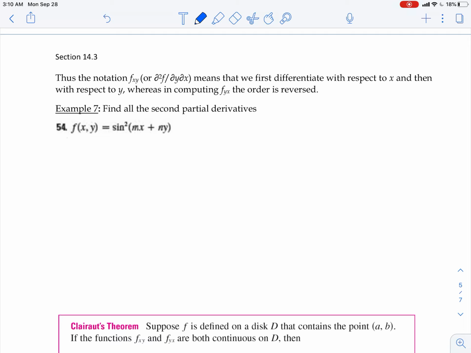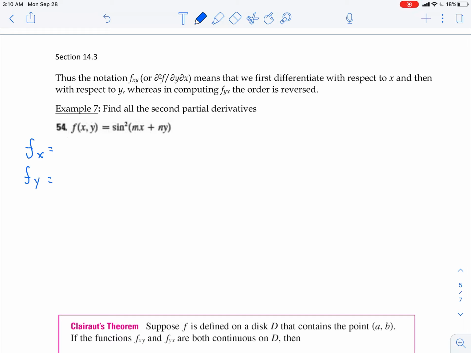Here's just reiterating the notation of what comes first, what comes second. Find all second partial derivatives. First we want to find the partial with respect to x and the partial with respect to y, and then we'll find all the other partial derivatives. Let's take our partial with respect to x first.